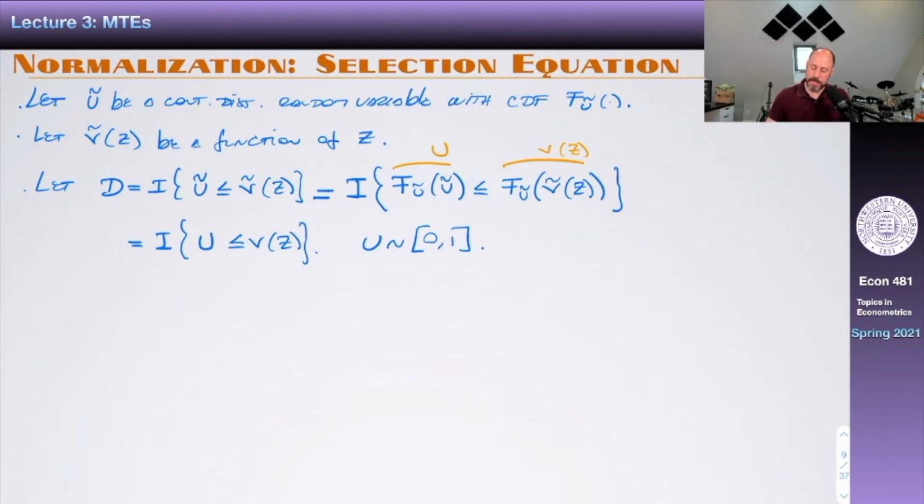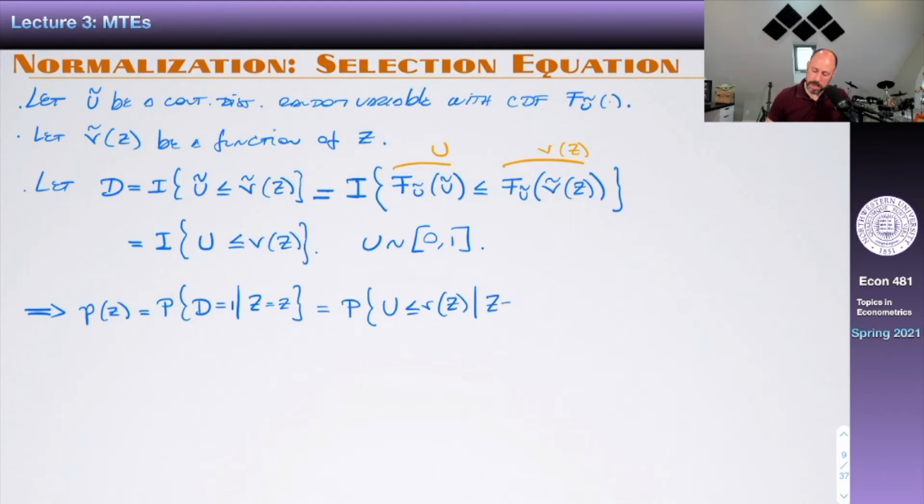So now, notice that the propensity score is the probability that d equals 1 conditional on z equal to little z, or is equal to the probability that u is less than or equal to b conditional on z equal to little z.